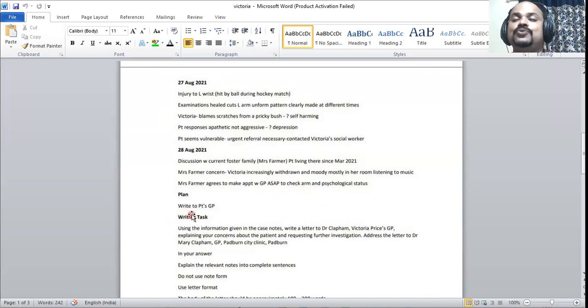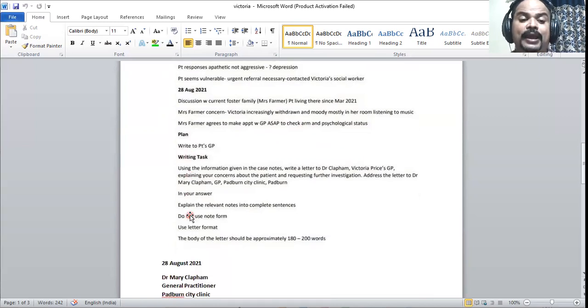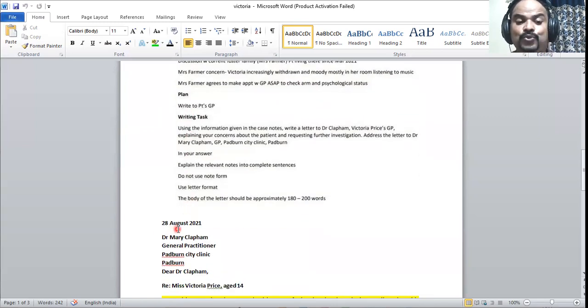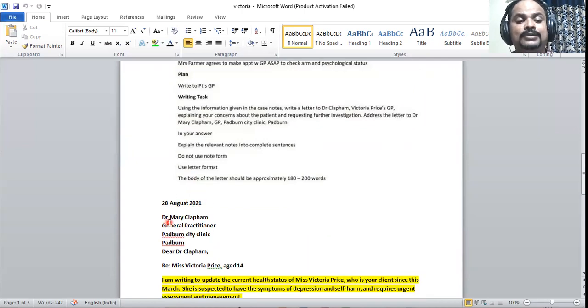So plan is to write to patient's GP. That's it. We are moving ahead. Today's date is 28 August 2021. Address to Dr. Mary Clapham, General Practitioner, Padburn City Clinic, Padburn.